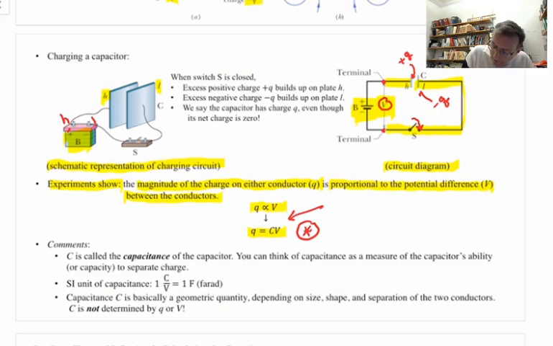In Chapter 24, we would have denoted it delta V. It's a potential difference between the two conductors. But in this chapter, everybody just calls that potential difference V.